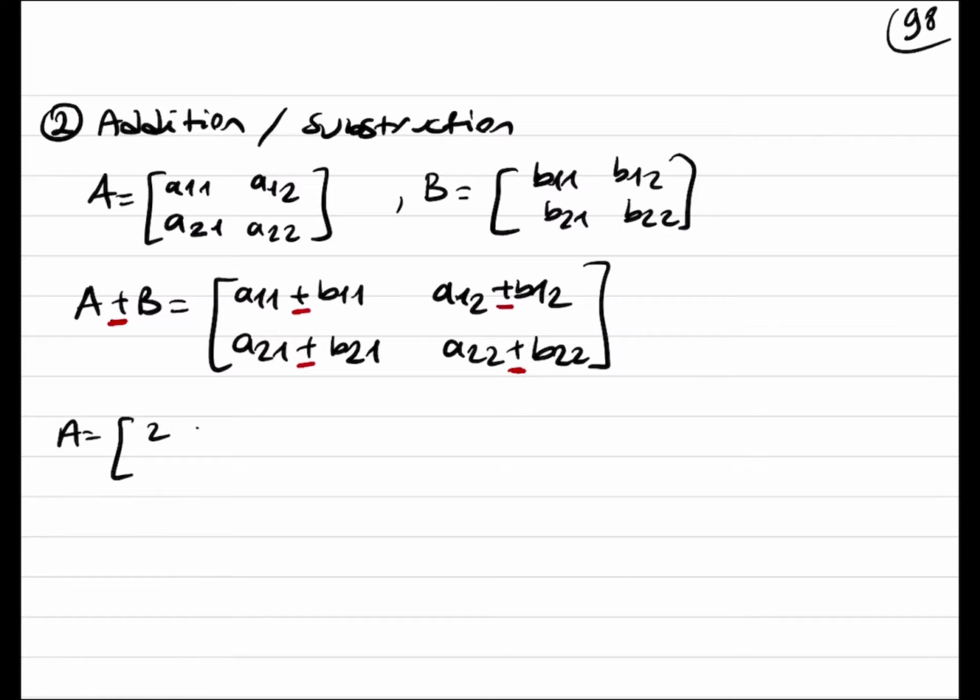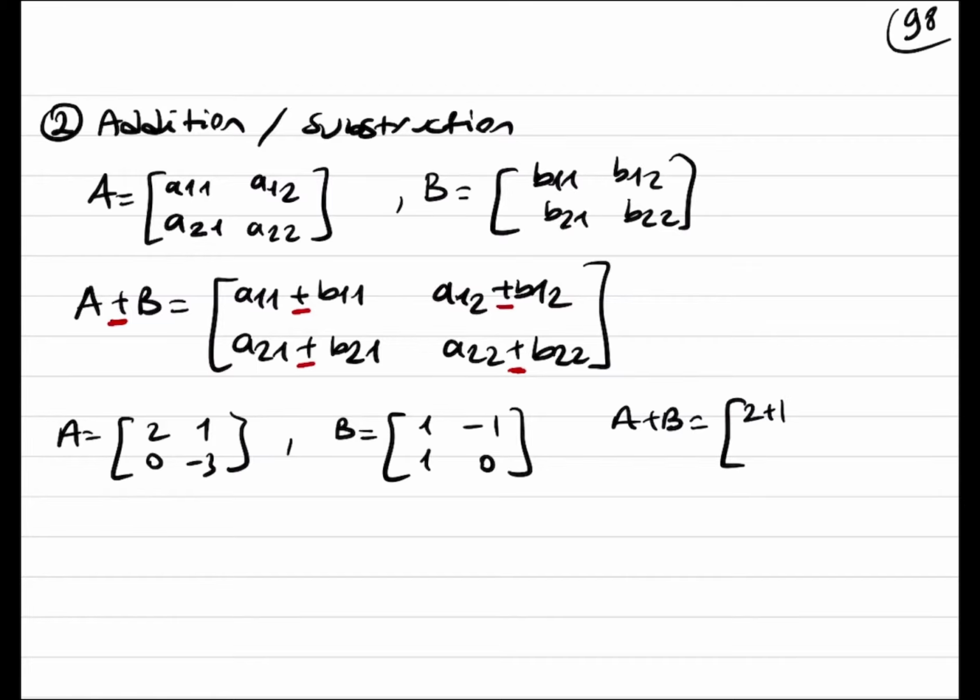Okay, if we have, let's say, A equal to 2, 1, 0, minus 3, and B equal to 1, minus 1, 1, 0, then A plus B is equal to 2 plus 1, 1 minus 1, 0 plus 1, minus 3 plus 0, which we can write as 3, 0, 1, minus 3.